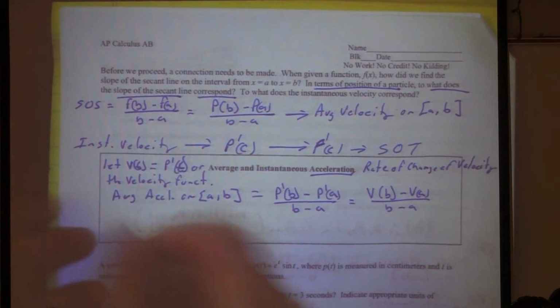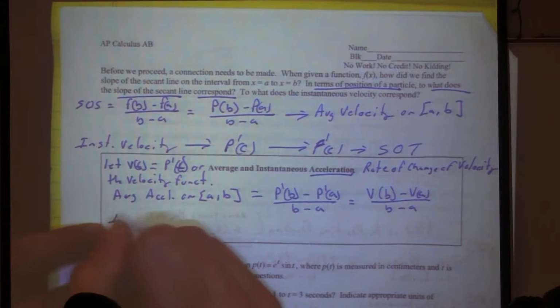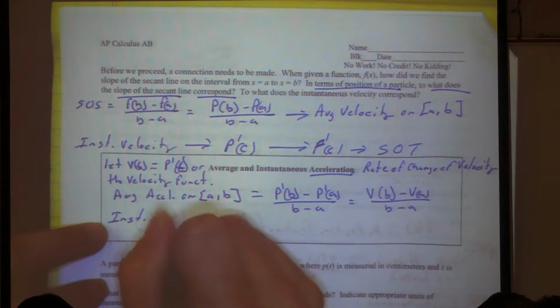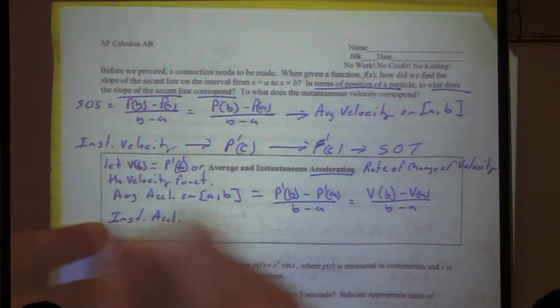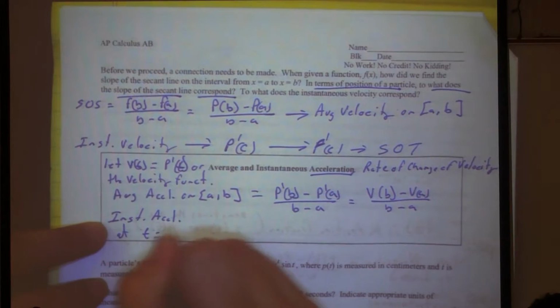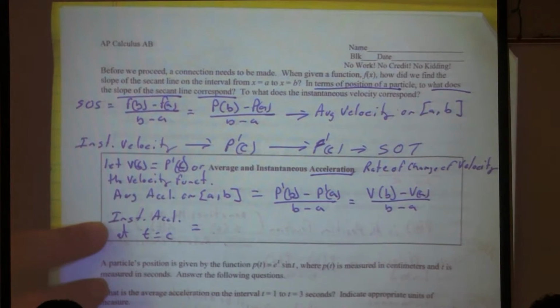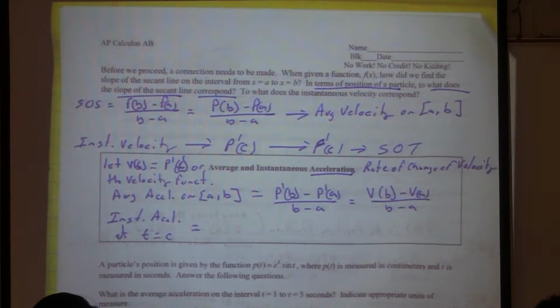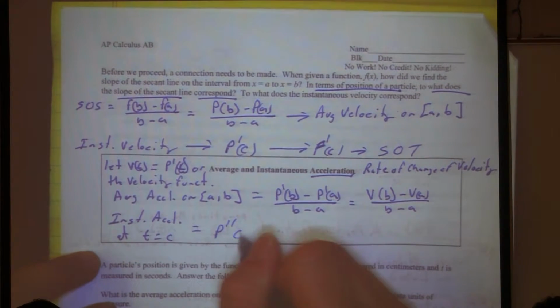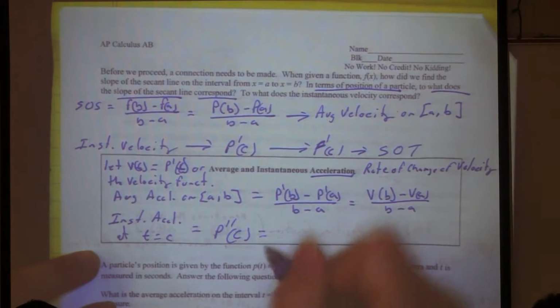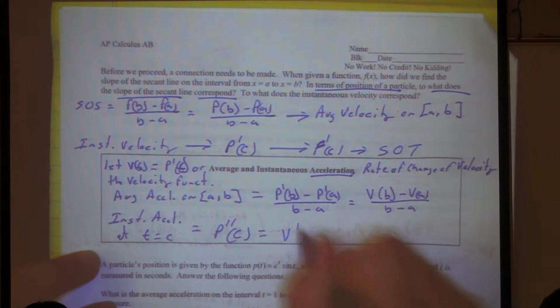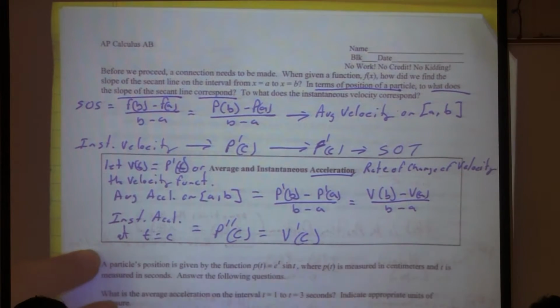Good? How about instantaneous acceleration? It would be the second derivative of the position, so this would be like p double prime at c. It would also be the first derivative of velocity, right?